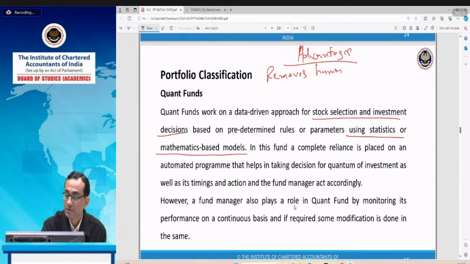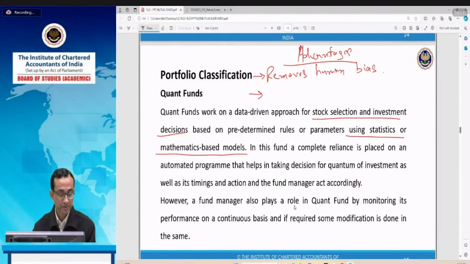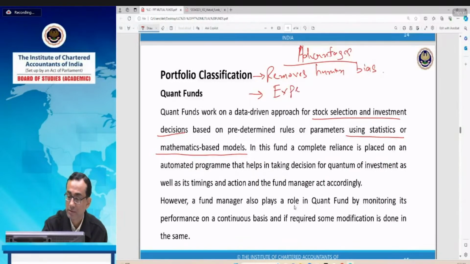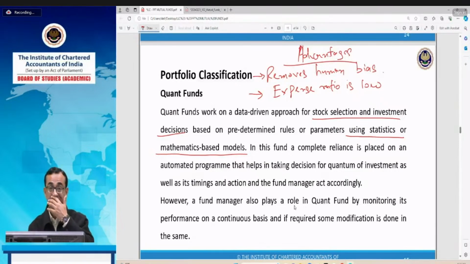The second point is that the expense ratio is low. As I've just mentioned, expenses are low because of the passiveness of the quant fund manager. So it removes human bias and brings objectivity, and the expense ratio is low in case of quant funds.